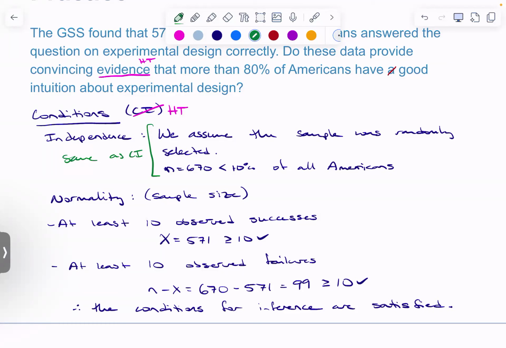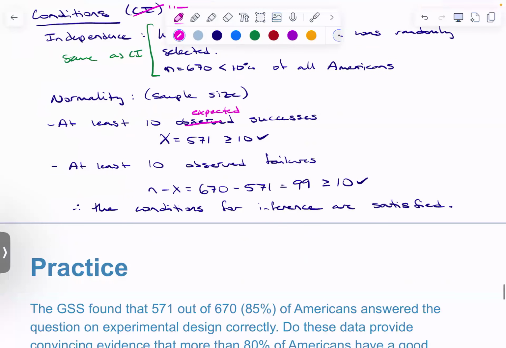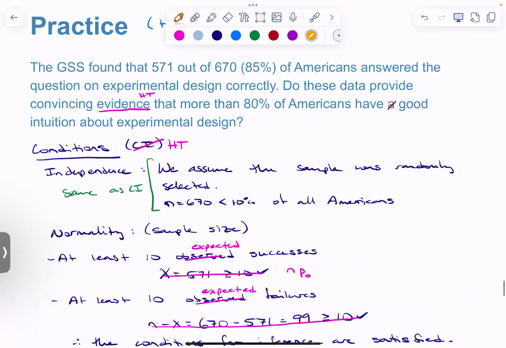It's just now the normality condition has changed, which is the sample size condition. We need at least 10 expected successes, and I need at least 10 expected failures. So how we find that is, instead of this calculation, I need to do n times p naught, because it's a hypothesis test. Now that relies on us figuring out what p naught is from the question.